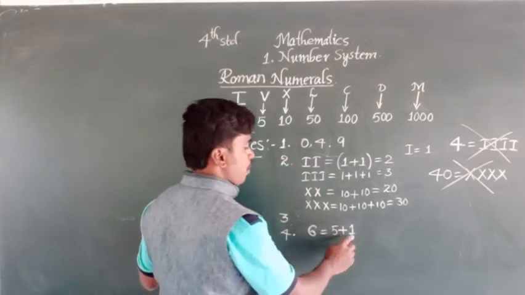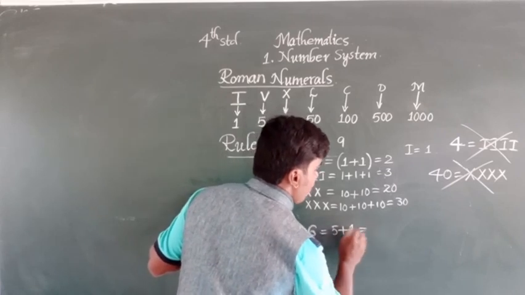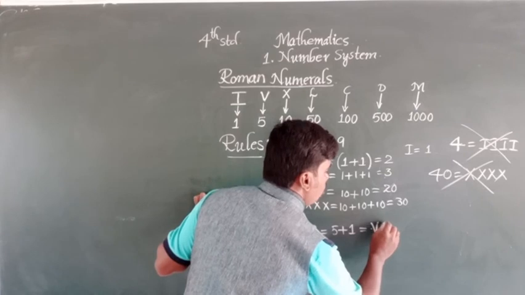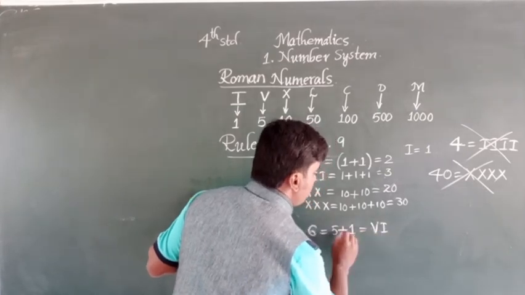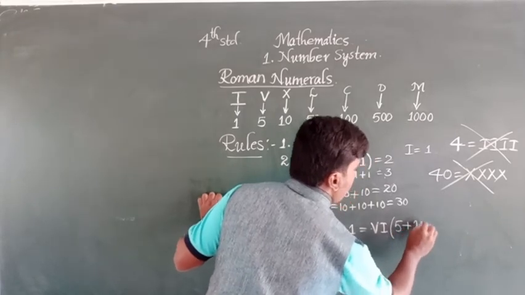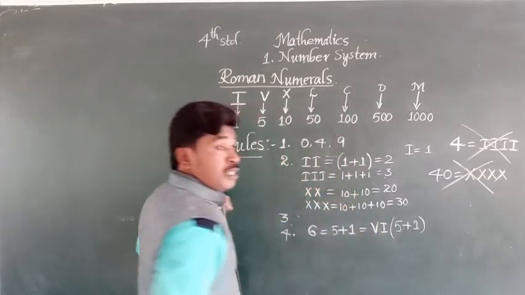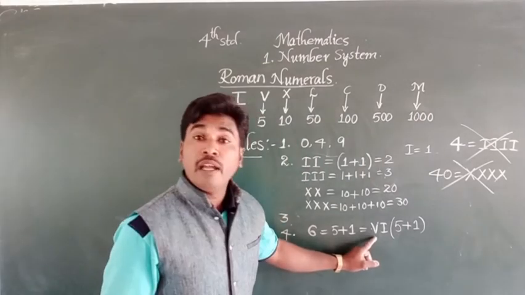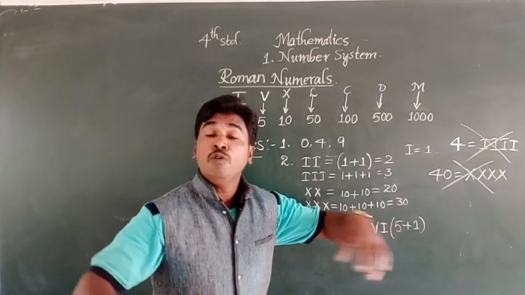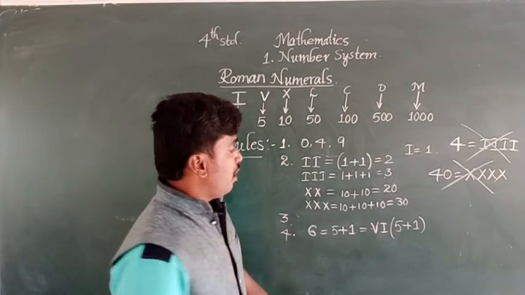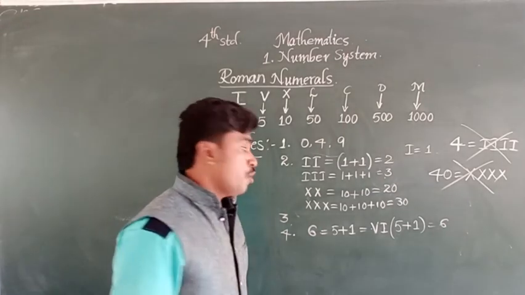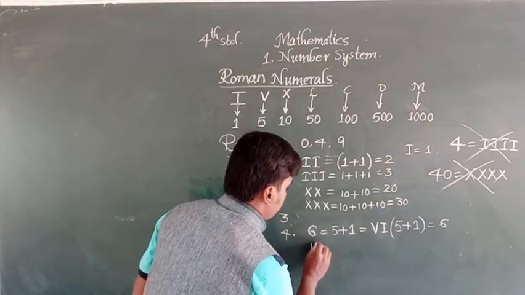How to write 5 plus 1? 5 is V and 1 is I, which indicates plus 1. So VI is 5 plus 1. The smaller number is followed by the greater number, which means you need to add it and tell the number. It is 6.